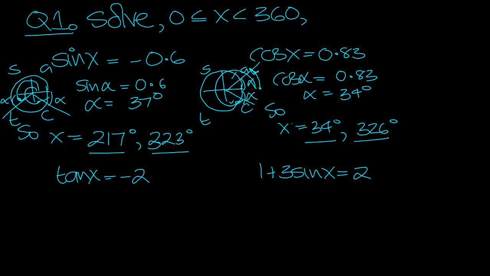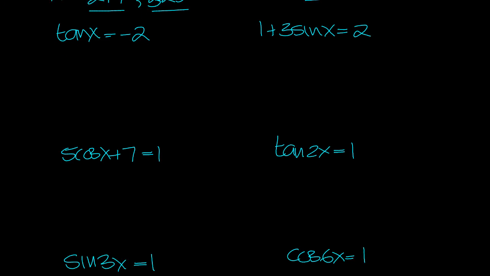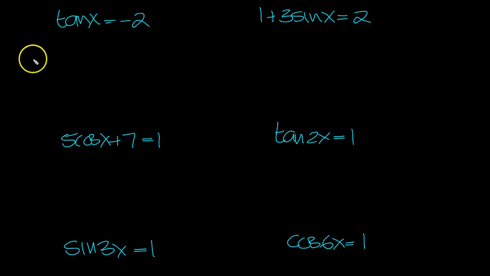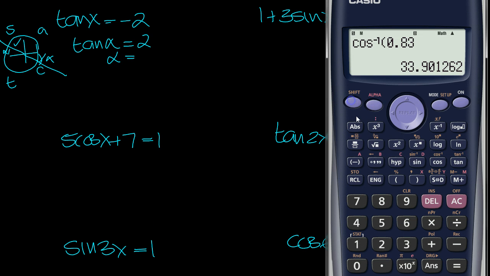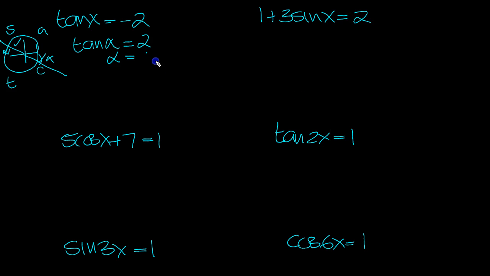Good. Next one now. Tan x equals minus 2 then. Draw a circle. CAST. Tan is positive here and here, so it's negative there and there. Draw two lines. Mark off alpha, the associated acute angle, and simply write tan alpha and drop the negative. Shift tan 2 then. We're in degrees mode. Shift tan 2, 63 degrees. So we can read off the solutions.